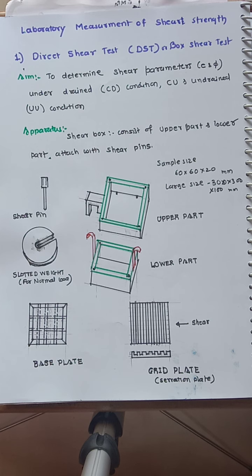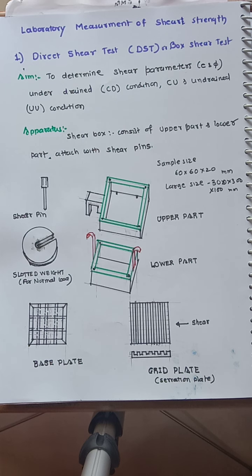That's why it is a direct shear test. It can be conducted in all three conditions, but the best is the CD condition. It gives perfect shear parameters, because at this stage water is free to drain. It depends upon the permeability of the soil and the rate of loading.